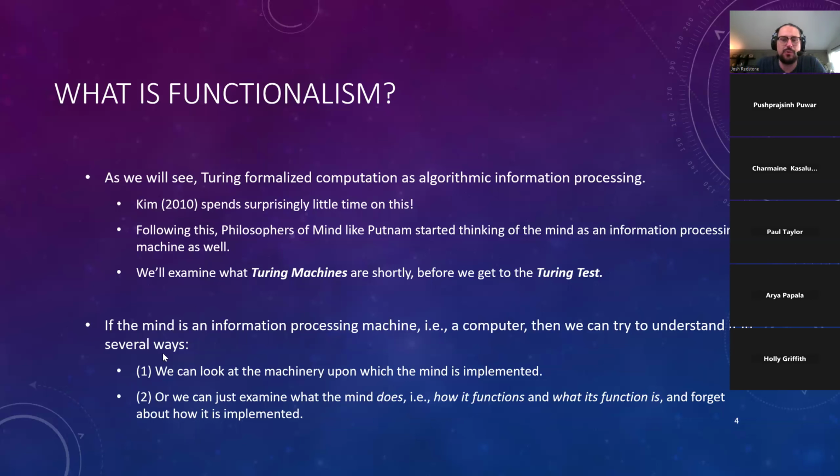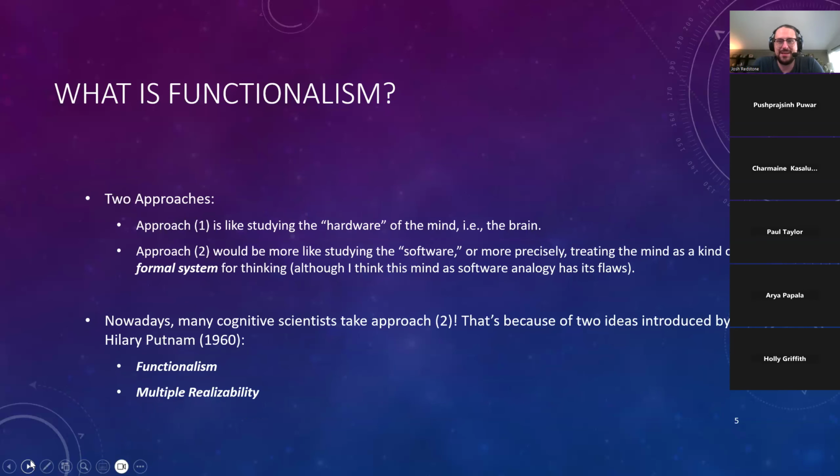That gets us back to this. What do we want to do if we want to try to understand the mind as a computer? Do we look at the machinery on which it's implemented, like the brain, or do we examine what it does? Well, I think you can guess from our discussion of psychoneural identity theory or type physicalism that we don't need to be too concerned about the actual machinery, the hardware.